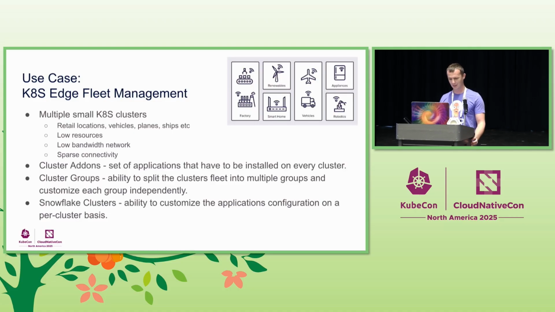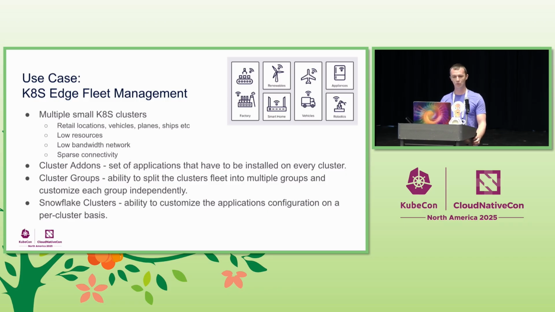There are a lot of clusters, but each cluster is rather small, with a low amount of resources, so not a lot of memory and CPU. And networking is the biggest problem. Clusters have connectivity, but the bandwidth is not great and connectivity is sparse, so we need to be ready for a harsh environment where workloads on the cluster cannot talk back to the internet.